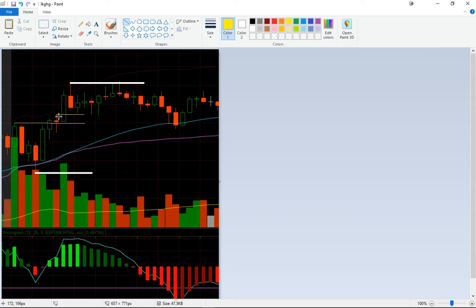I will make what is a quasi resistance line. This is the resistance line, but I'm going to draw another line. And here's the thing: this particular trade triggers in right here, and then it switches over to this bar, and then it goes against the market.